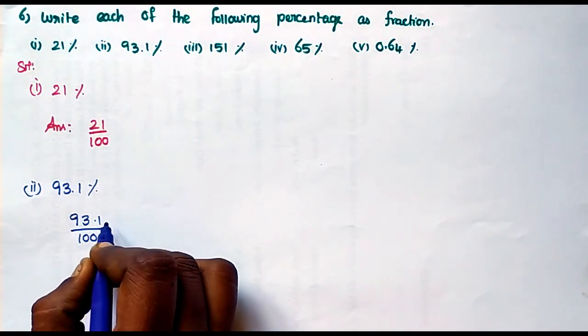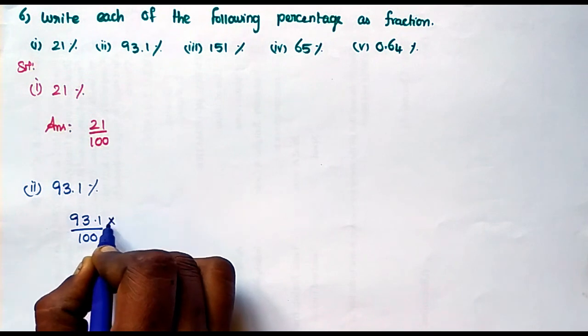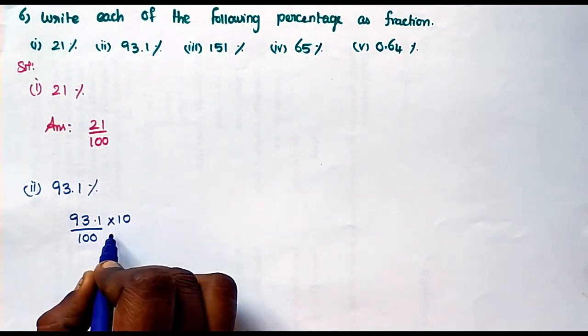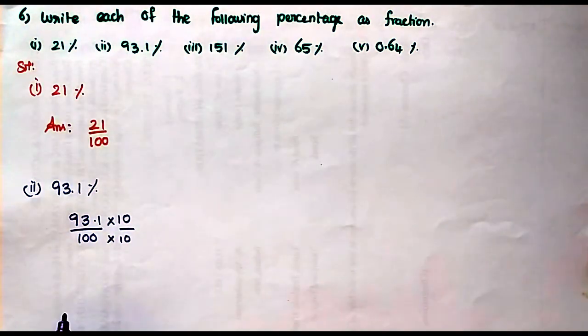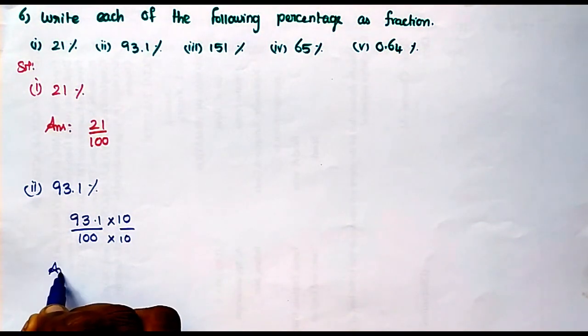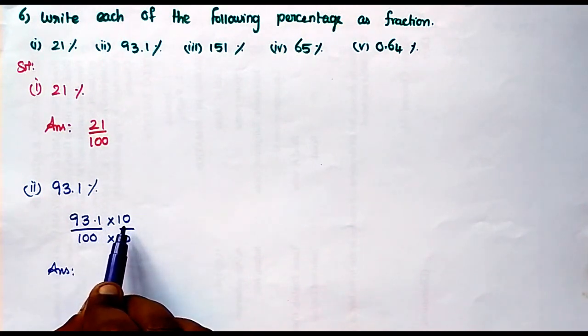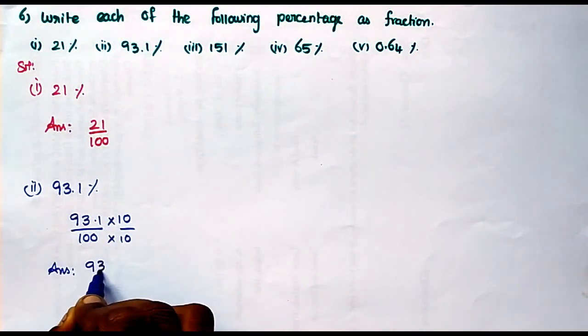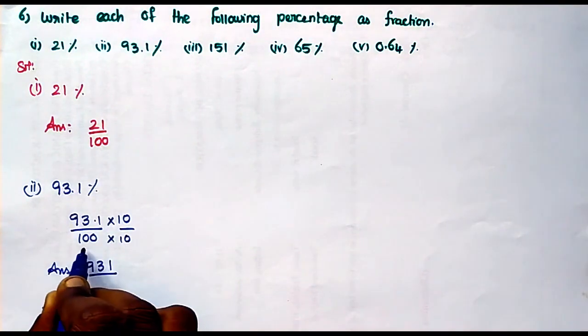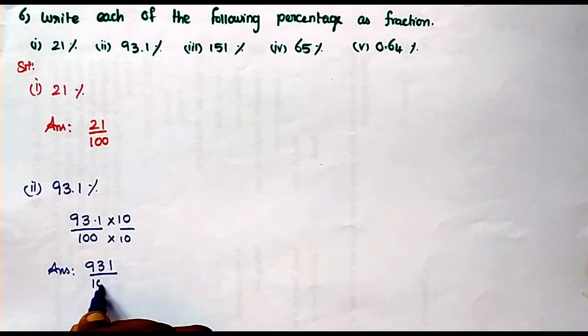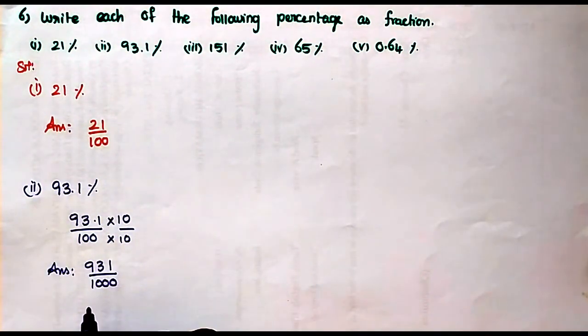So we have to multiply 10 with both numerator and denominator. So we get the answer. 93.1 into 10 means 931 divided by 100 into 10, 1000. So that is the answer.